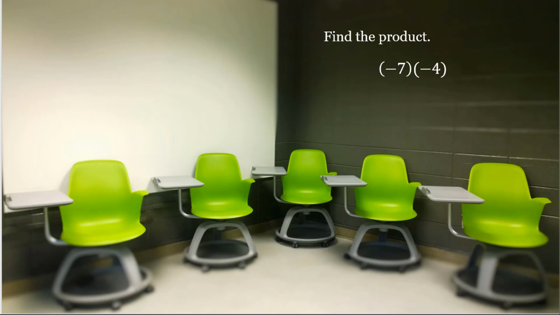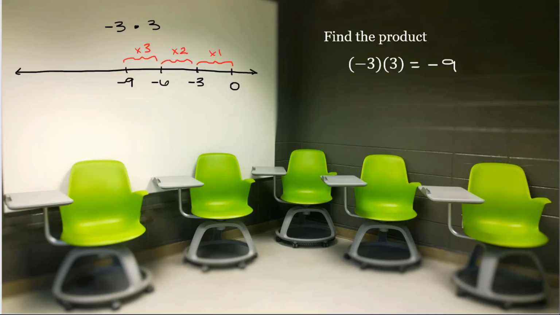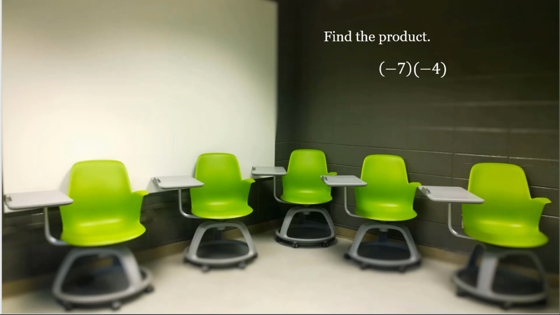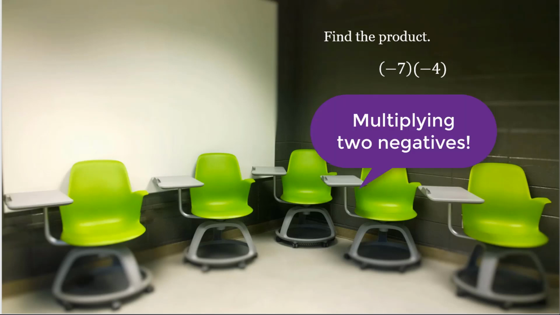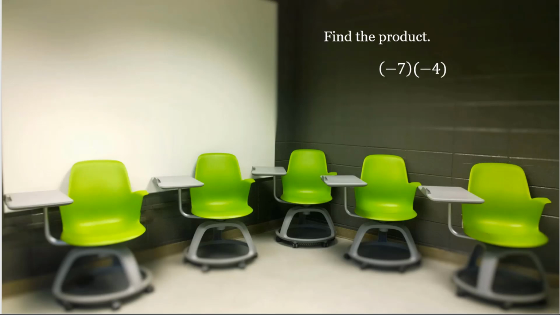Now in this example, we have negative 7 times negative 4. In the previous example, these were different signs. In this example, much like the first one, you'll see that we have same signs.